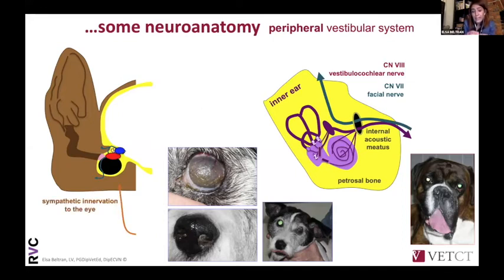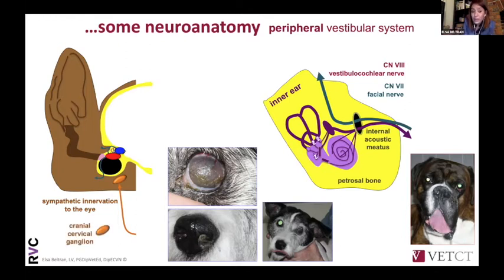Then there is another innervation that goes very close to the middle ear: the postganglionic axon of the sympathetic innervation to the eye. We have the little ganglion, the cranial cervical ganglion, which gives the sympathetic innervation to the eye, the one that dilates the pupil. When we have a dysfunction of that sympathetic innervation to the eye, we have a miotic pupil and clinical signs consistent with Horner's syndrome.